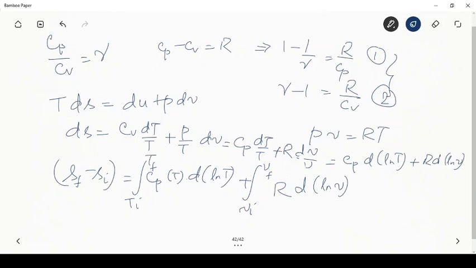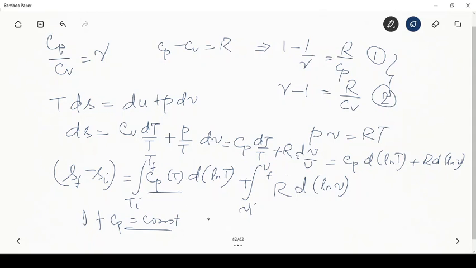In the special case where Cv is independent of temperature, I can take the Cv out of this integral. R is anyway a constant, so it can be taken out of this integral. If Cv is constant, that is independent of temperature, this approximation can be done if the temperature range is very small, because Cv varies very gradually with temperature, in which case for small changes of temperature you can take this as constant.